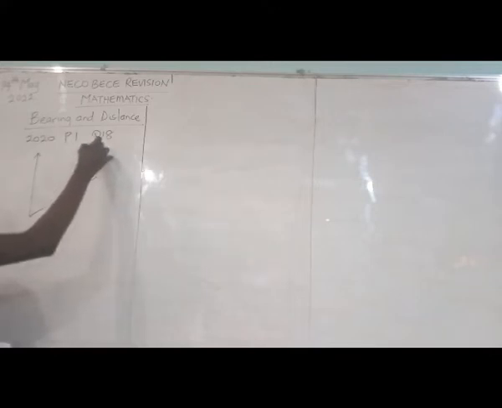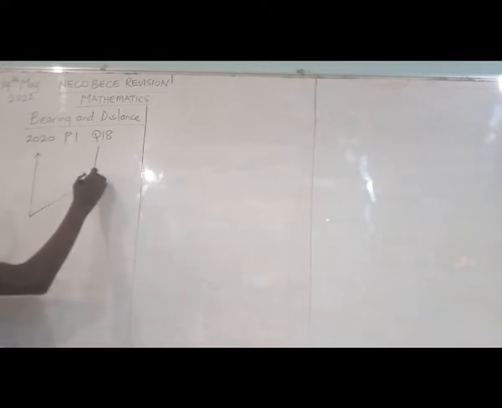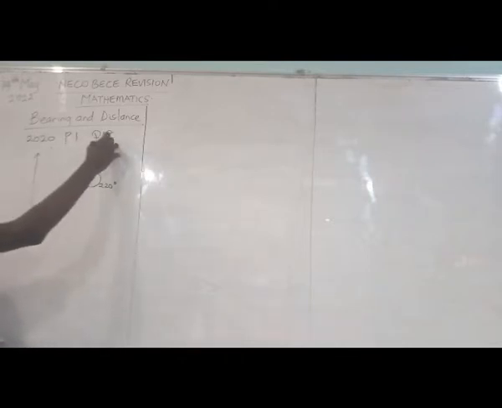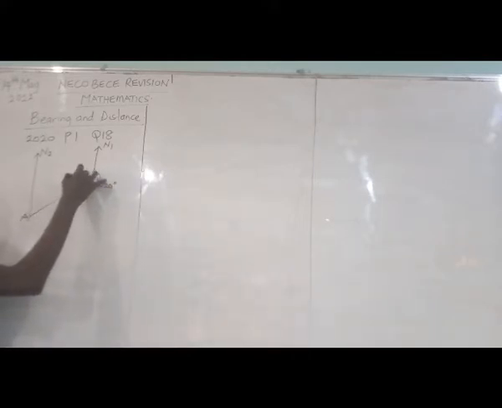All of these diagrams you can find in your new general mathematics. You are told that from here to here is 220. They call this N1, they call this N2, if my diagram is right. They call this point A, they call this point B.